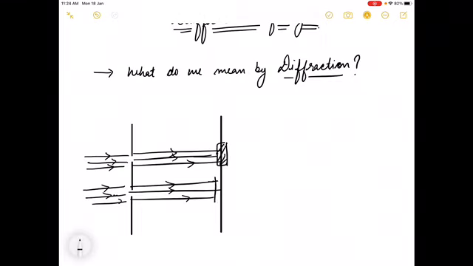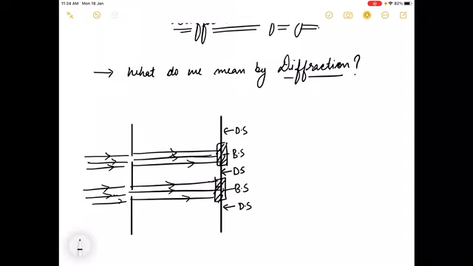Here it should have been a bright spot, and here also a bright spot, but in between we were expecting a dark spot, and here also a dark spot. This is how we expected it.